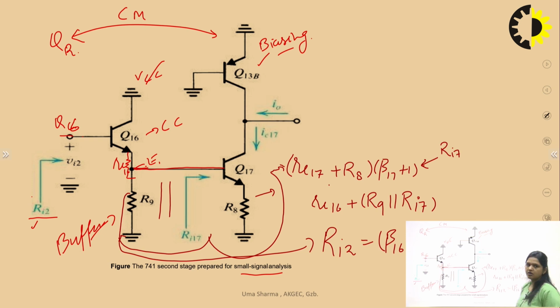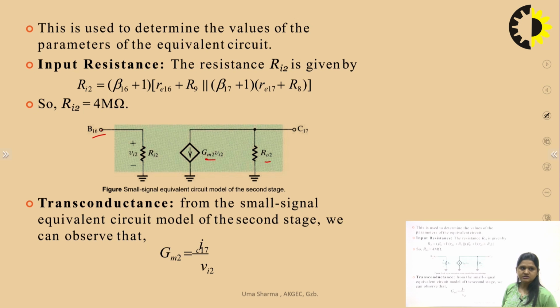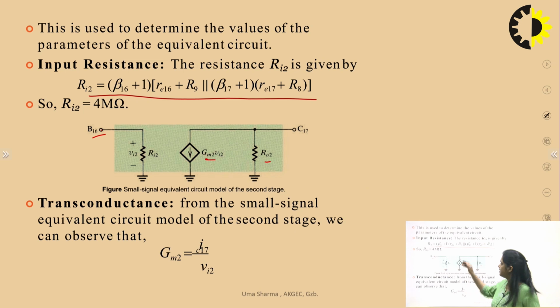So this is how we can calculate the input impedance of second stage, and in this slide you can see that this is the complete equation for Ri2. I hope now you are able to see how this equation is derived. Beta 16 plus 1 times Re16 plus R9 parallel with beta 17 plus 1 times Re17 plus R8.